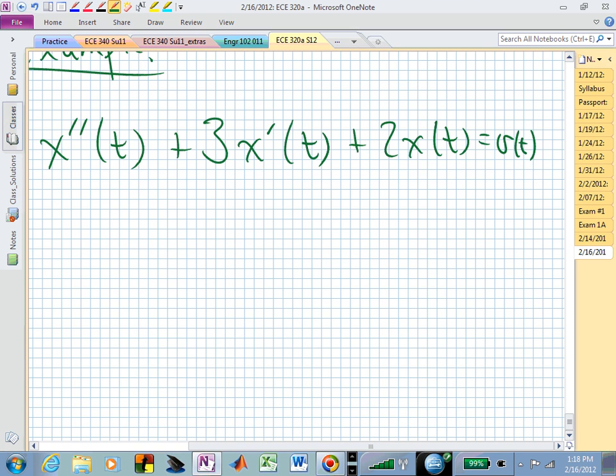So now if you wanted to go home and impress your roommate or your parents, you could say this is a linear, constant coefficient, time invariant equation. You have all sorts of these adjectives that you can throw around.